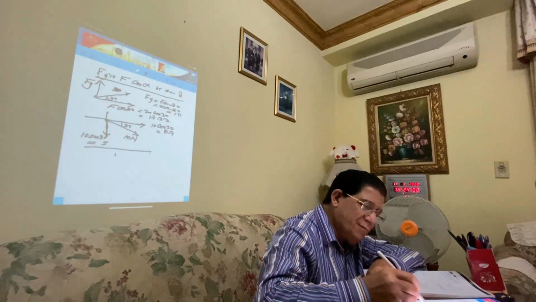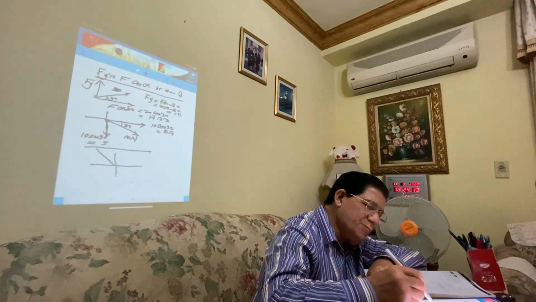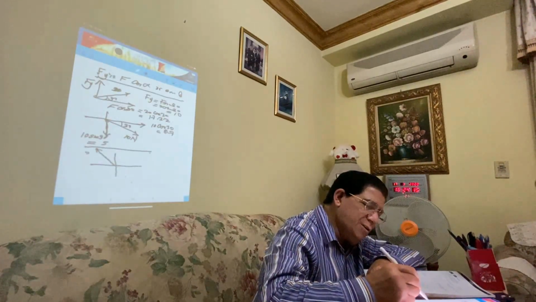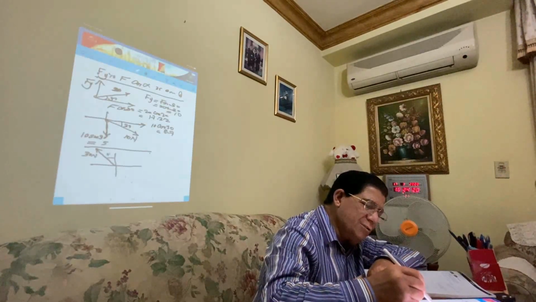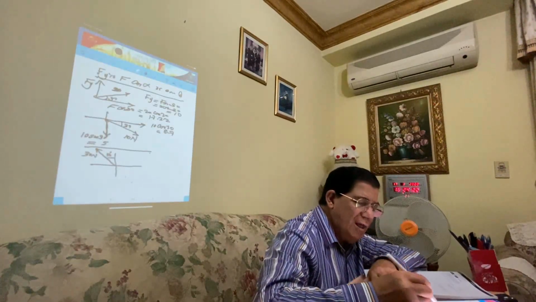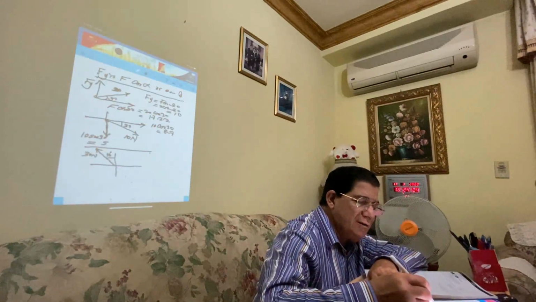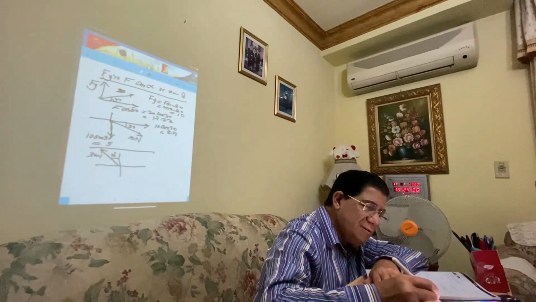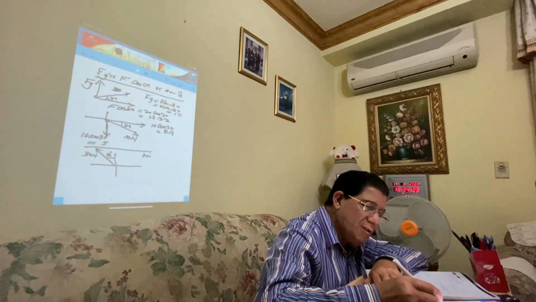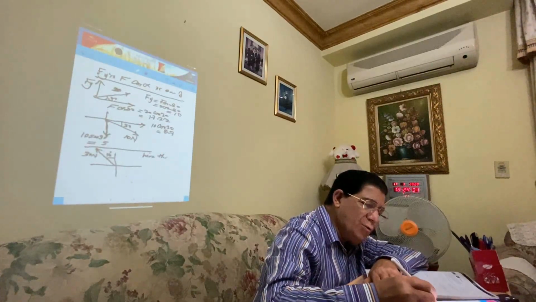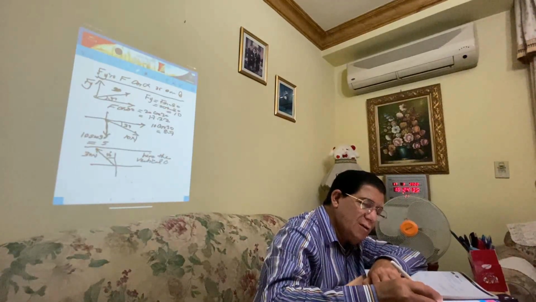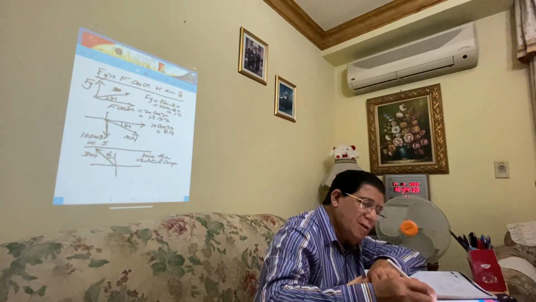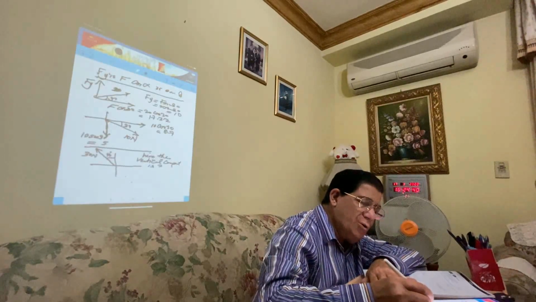A force F like this, 30 Newton, making an angle of 40 degrees with the vertical. Here, the vertical component is 30 cosine 40.